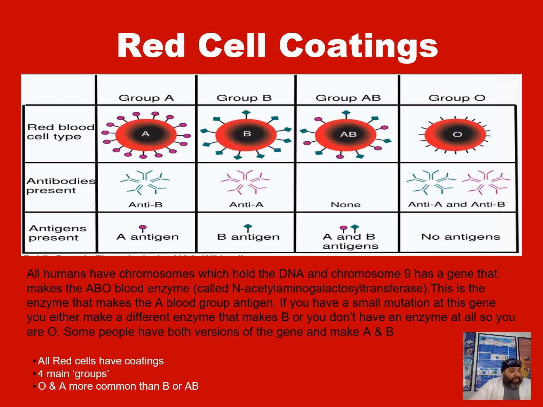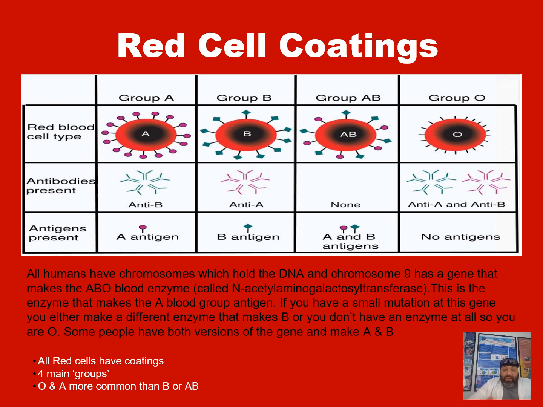So some people have both versions of the gene and make group A and group B, making antigen A and antigen B. All red cells have coatings, and generally there are four main groups, as mentioned, and groups O and A are more common than B or AB.